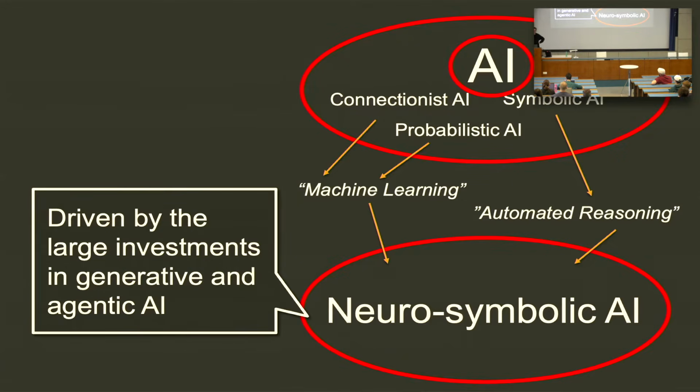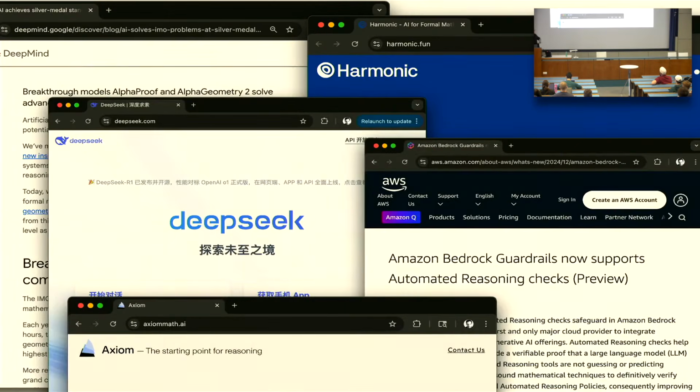But like the internet, like the railways, like radio, like television, I believe that generative AI is fundamentally a new technology that I think will have a lot of impact on us. Now, here's just a sampling of different companies doing stuff in neurosymbolic AI.